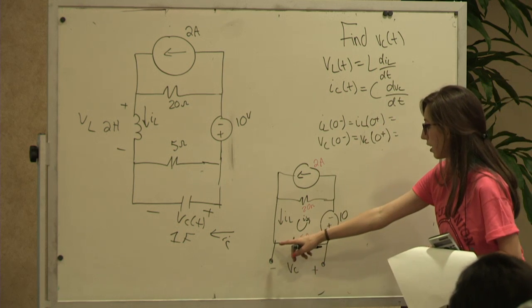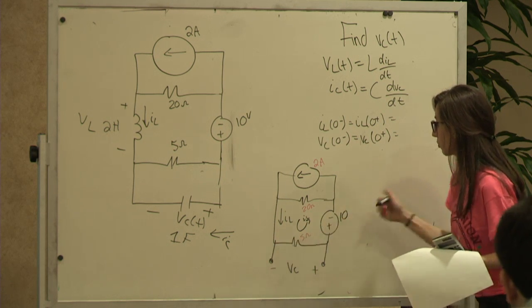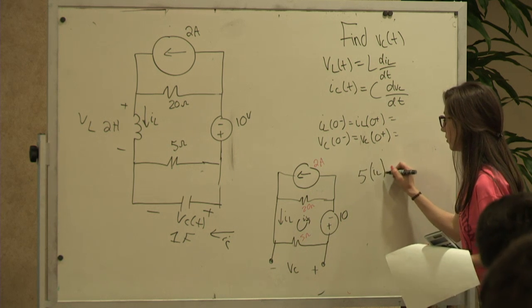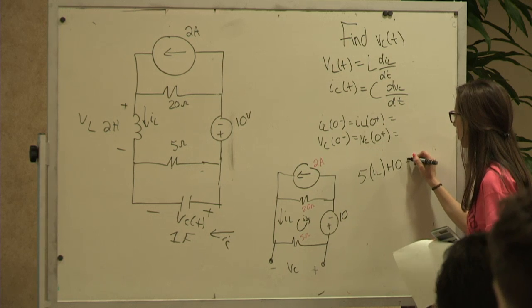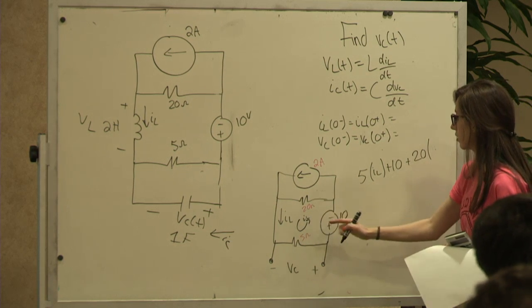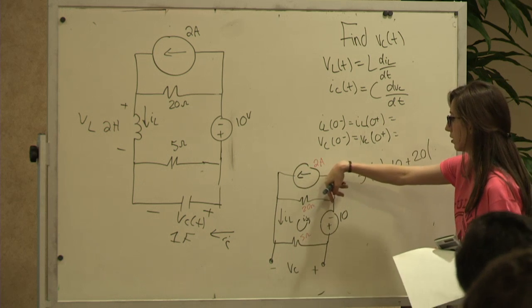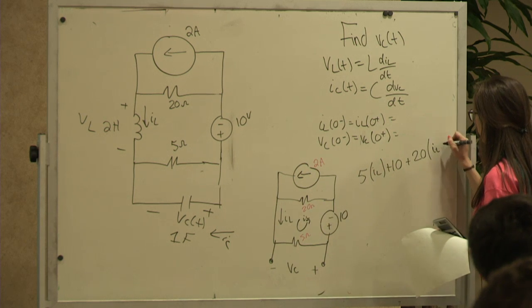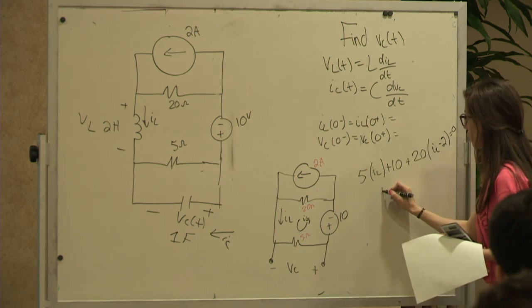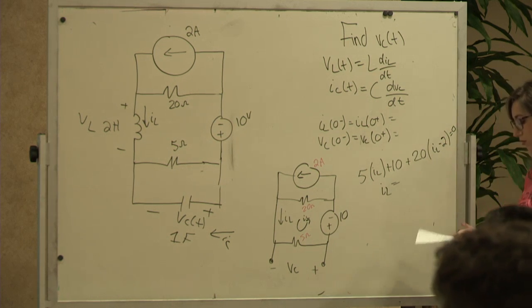So let's do a KVL. So 5 times IL plus 10 plus 20 times IL minus 2 equals 0. So you can find IL right away.